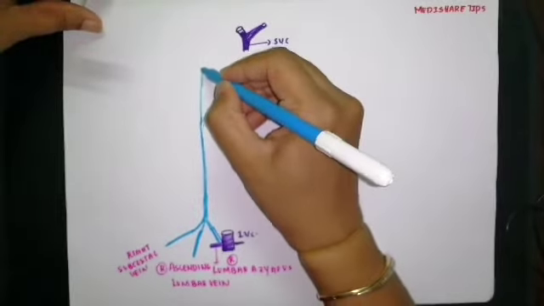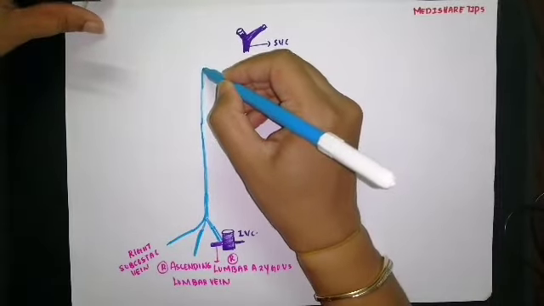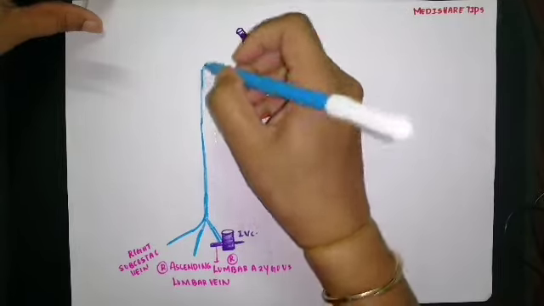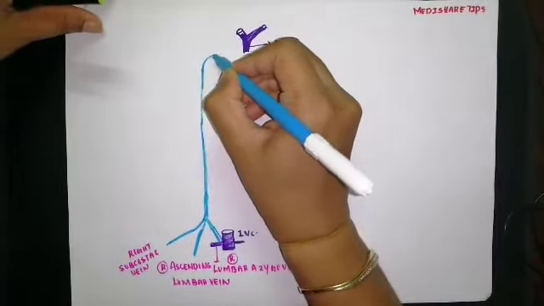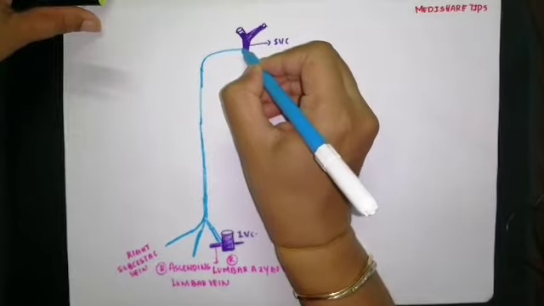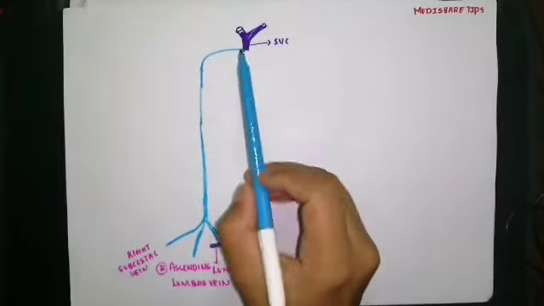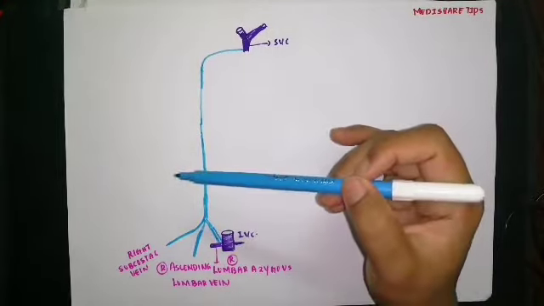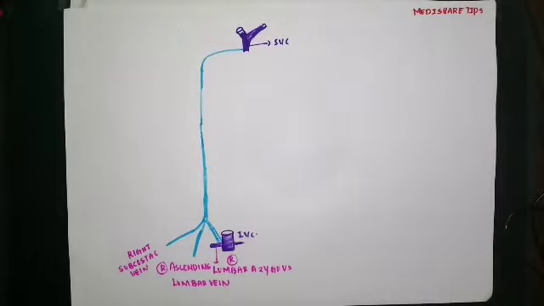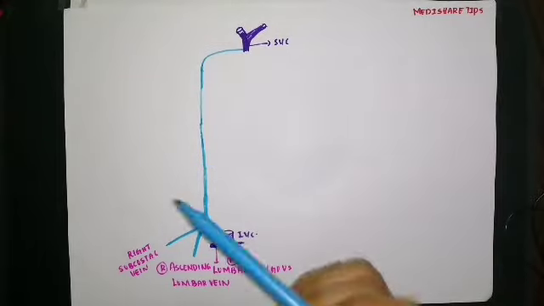and on reaching the level of T4 vertebra, it takes an arch around the hilum of the right lung, and it joins the superior vena cava. So, formed by the union of three veins, it ascends upwards. It enters the thorax through the aortic hiatus in the diaphragm.